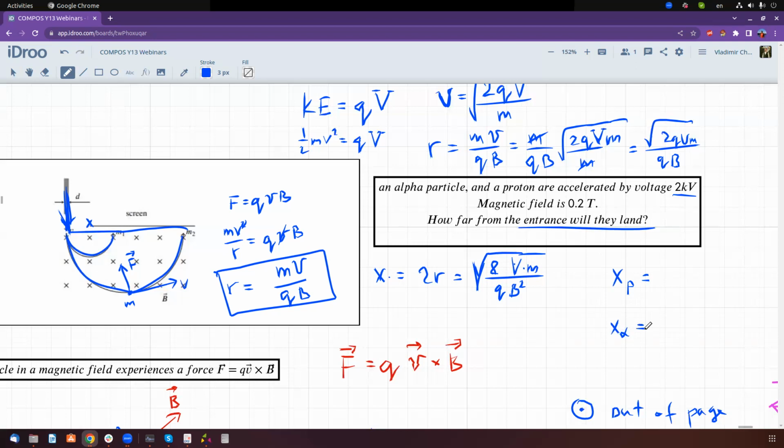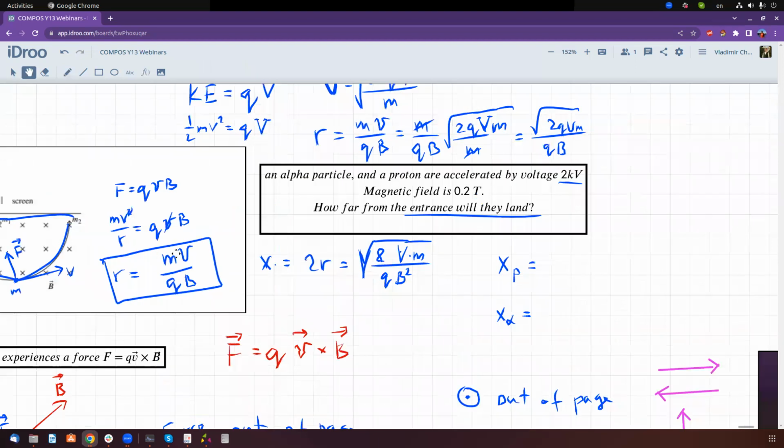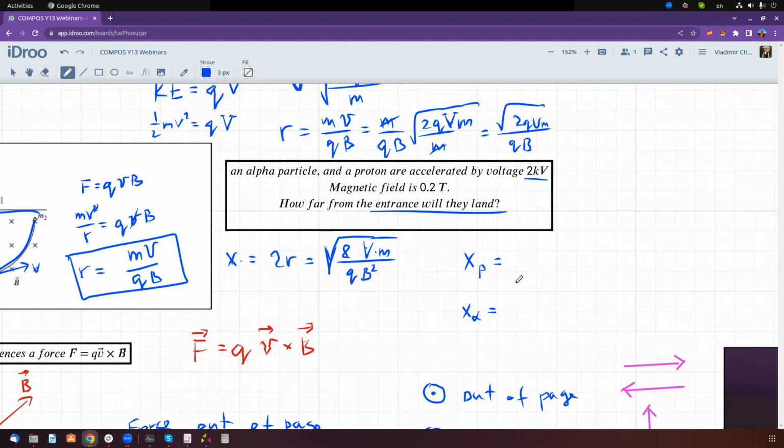Let's finish this problem. So for the proton, it's 8 multiplied by 2000, that's the voltage, multiplied by the mass of the proton. The mass of the proton is 1.67 times 10 to the minus 27, divided by q, the charge of the proton, which is 1.6 times 10 to the minus 19, and B is 0.2 squared.